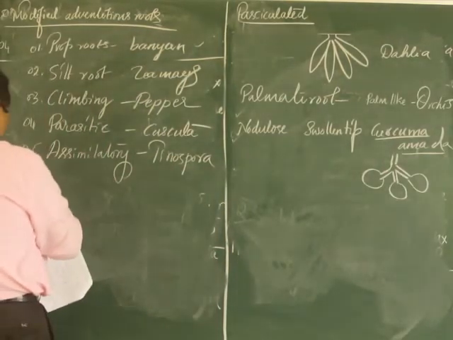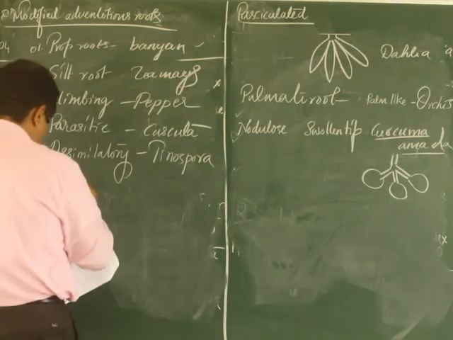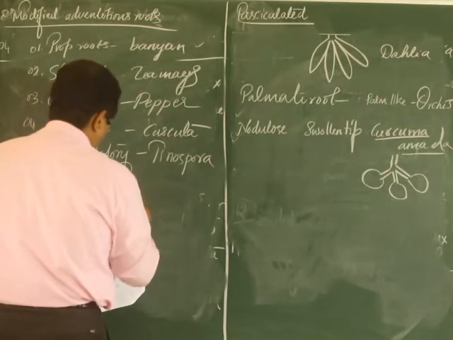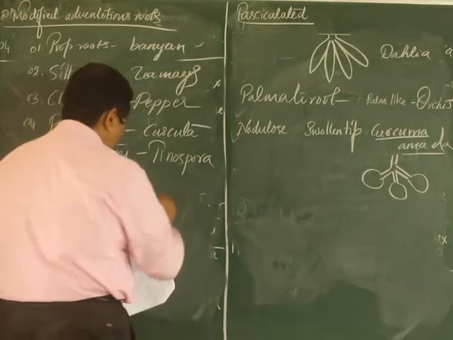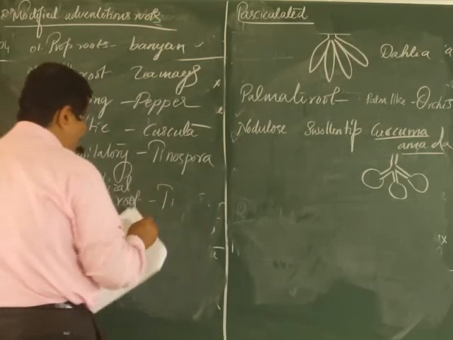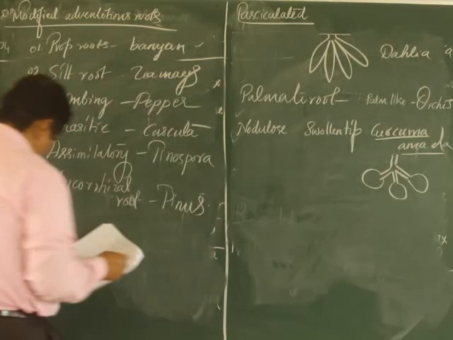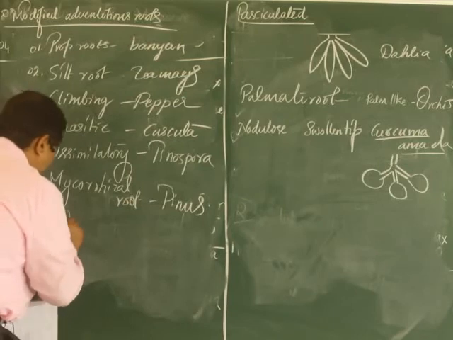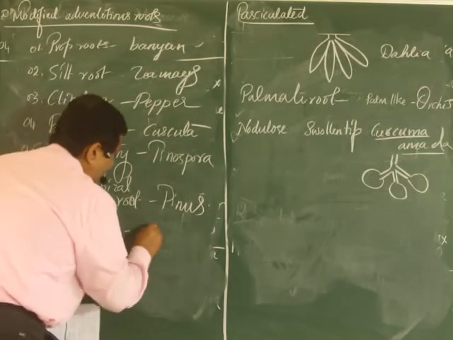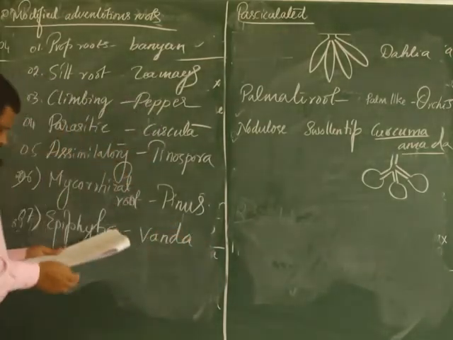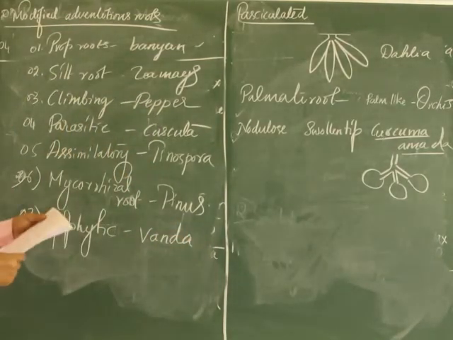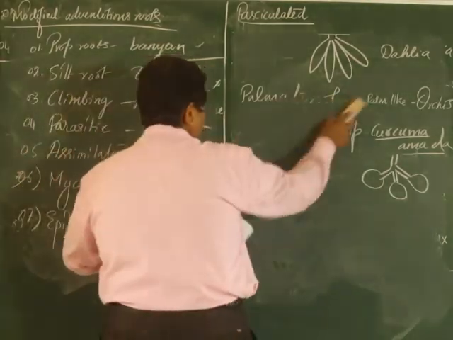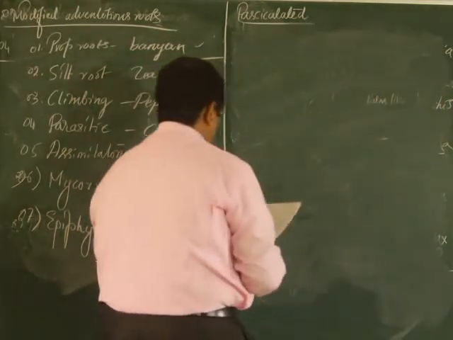Mycorrhizal root in Pinus plant. Then epiphytic, it is seen in Vanda plant. And contractile root, it is seen in crocus plant.